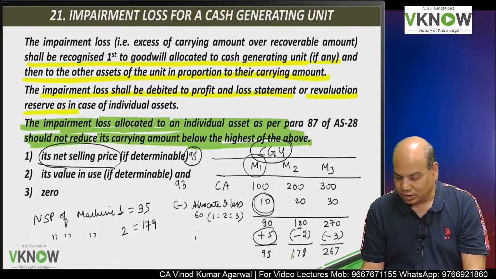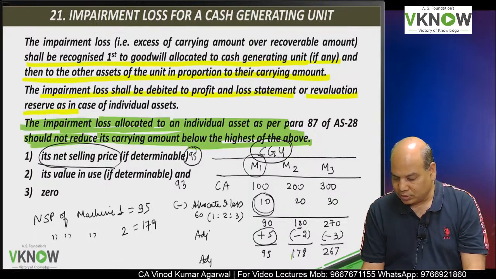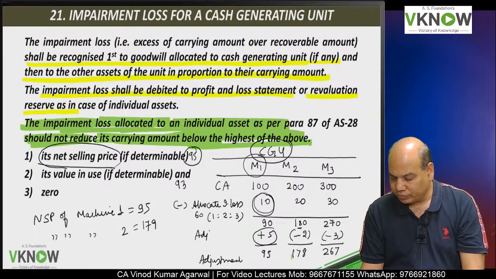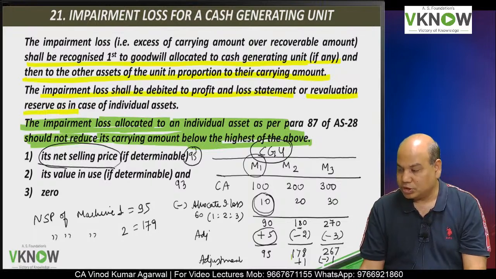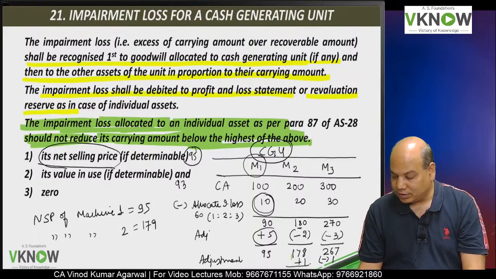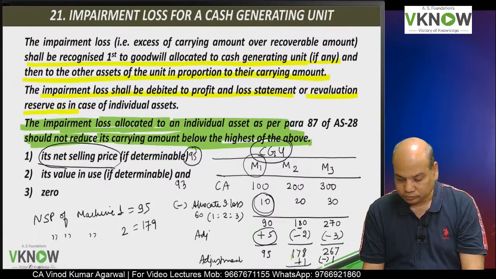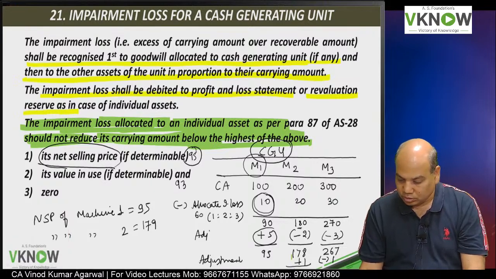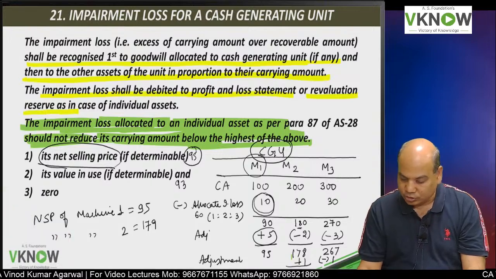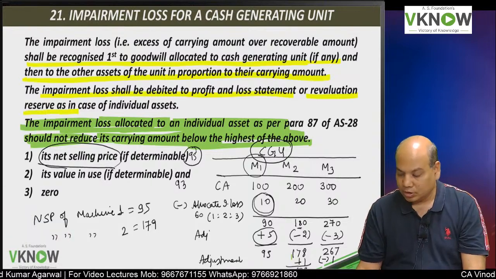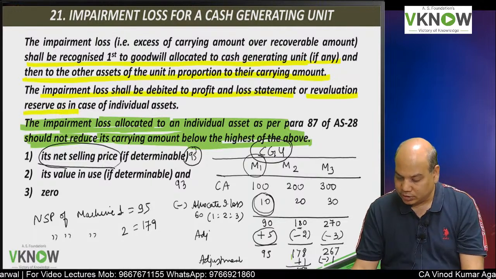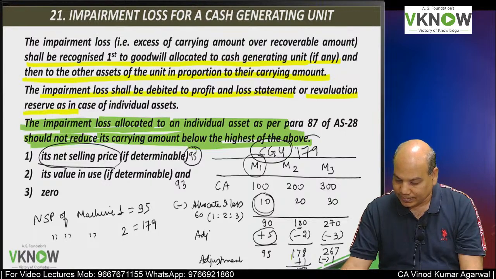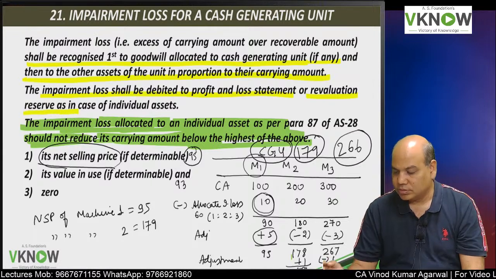Again, adjustment. You are going to add 1 here and deduct 1 from machine 3. So after that this will become 179, so that it doesn't fall below its net selling price or value in use or 0, whichever is high. 179, and machine 3 will become 266.